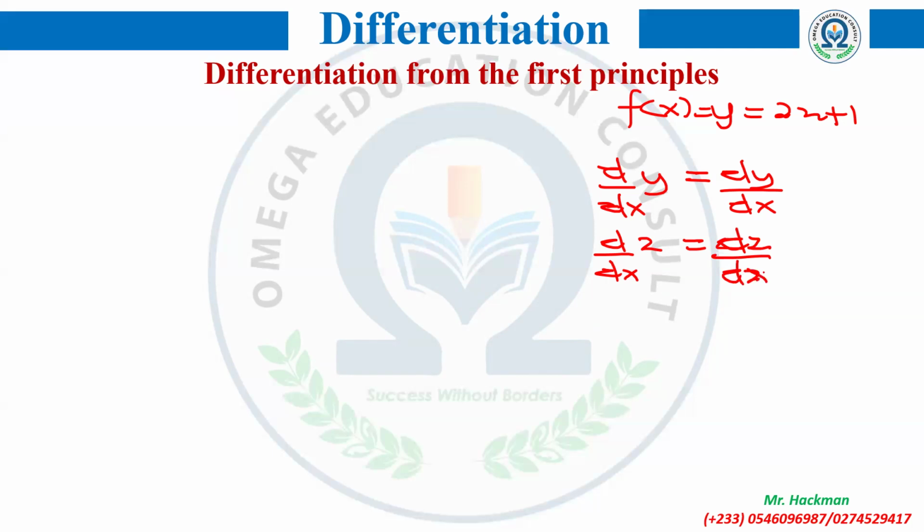I hope you are getting it gradually. It's the notation that I'm introducing you to. So anytime you see dy dx, the operator is this, and the function that you are differentiating is y. That is what the operator is always: what is affecting the function that you are differentiating.